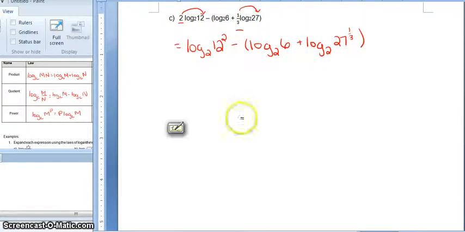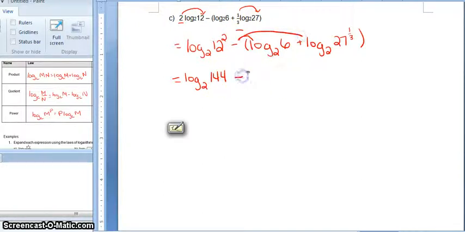Now what we can do here is simplify a few of these things. So let's apply these exponents. These ones actually work out very nicely, which is why we can do that. And then, in the same step, we can also distribute this negative. So let's go the log base 2, and 12 squared is 144. And we're going to distribute this negative, so it's going to go to each term.